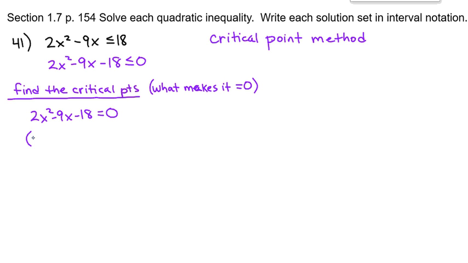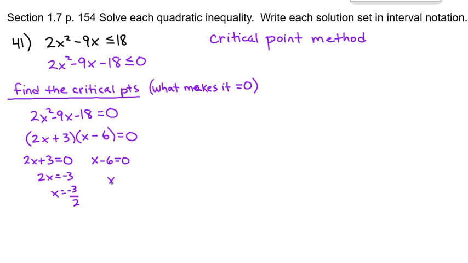And this is factorable. Let's see here. I believe those are the factors. We can just do a little check of that, make sure, and then set each factor equal to 0. Solve each one, and you have your critical points. Okay, the critical points are x equals negative 3/2 and x equals 6.